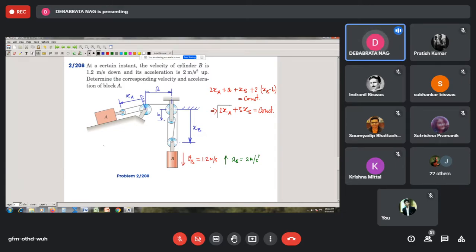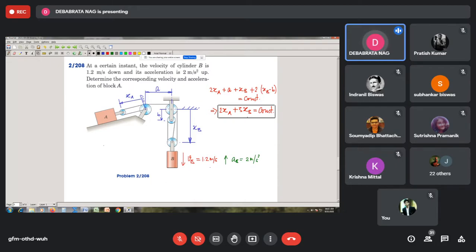So at any point of time, the position coordinates of the individual blocks are given by these dimensions, and this is the relationship.